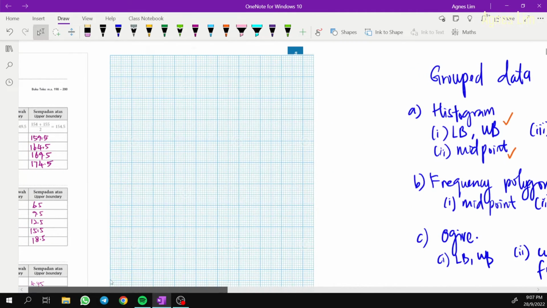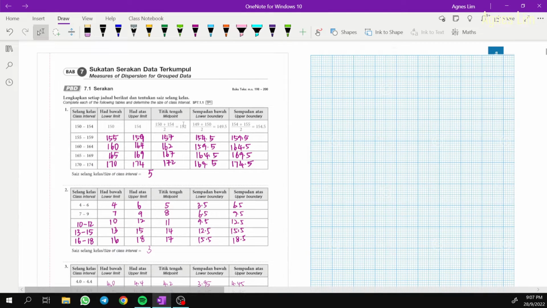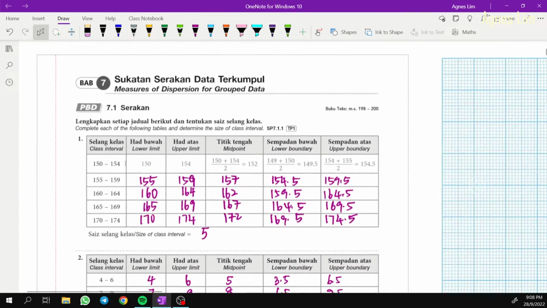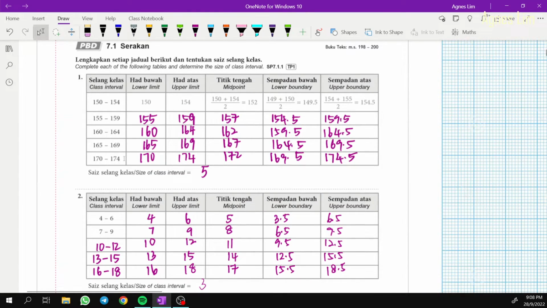So I would like you to see your own exercise from your workbook. So if you have not done it, make sure you do it, because we are going to use the data here. Alright, so I would like you to use the first table, the question number 1, the table on that.